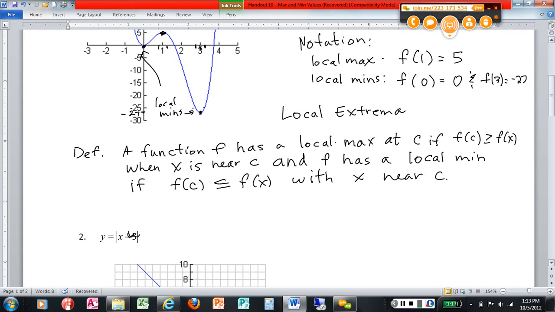Now, let me also mention here, before we go to that next one, the idea of the absolute max and absolute min.